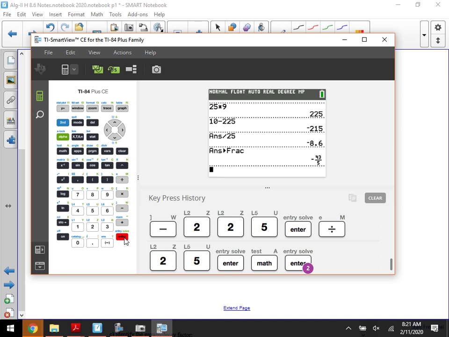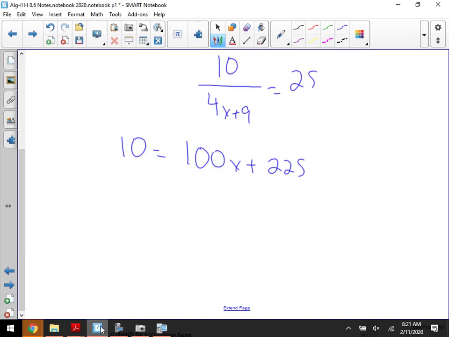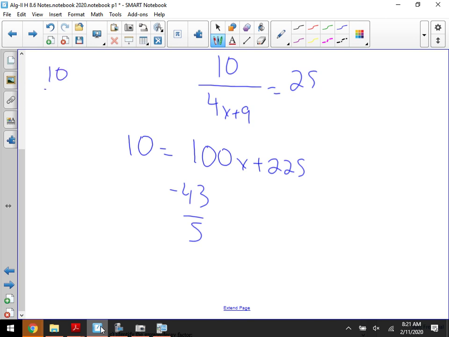I think mine simplified. Oh, you know what I did? Okay. So I have negative 43 over 5. What I did here was I just flip-flopped them. The 10 over 25 was 4x plus 9. That's another way of doing it. And then I wonder if I typed it in incorrectly in my calculator. I probably made an error when I typed mine in.